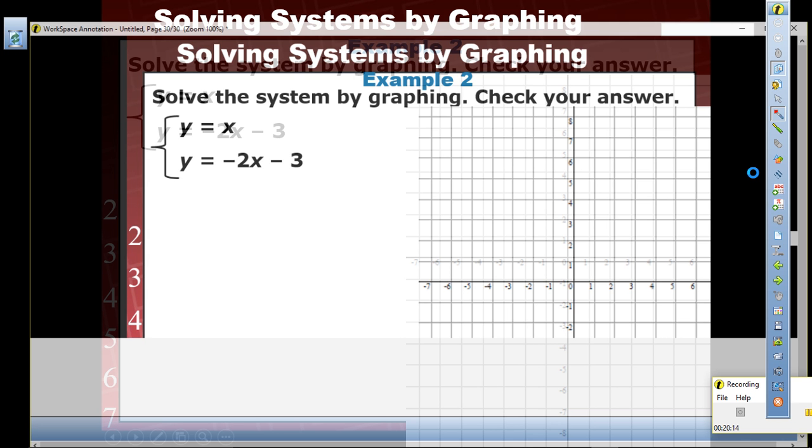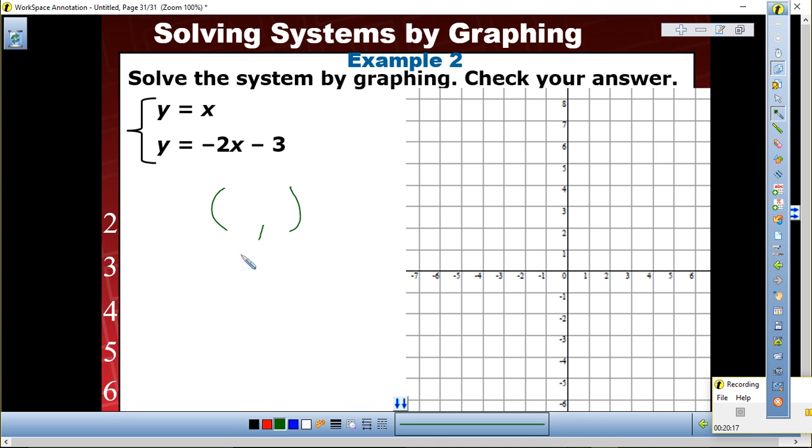The solution to this system is one, negative one. Did you forget something? You switched them? Who got negative one? That is correct. They intersect at this point.